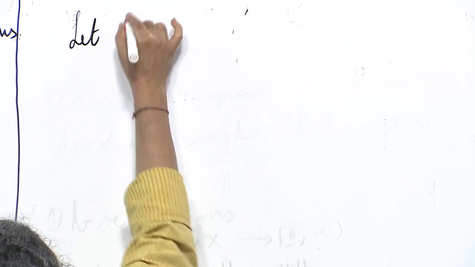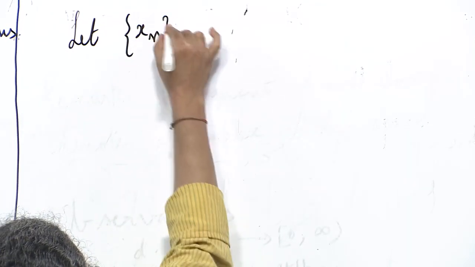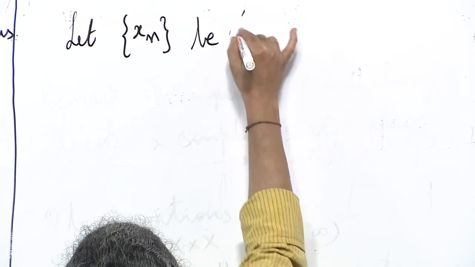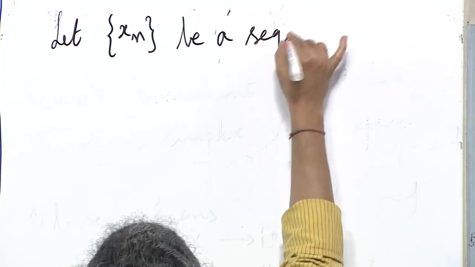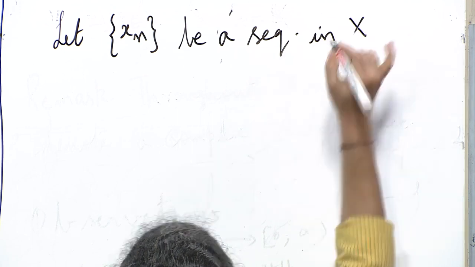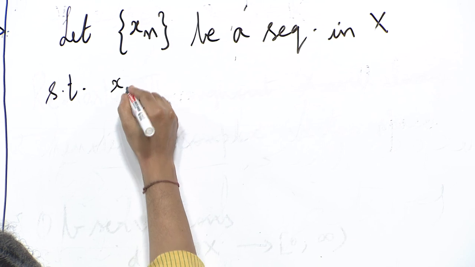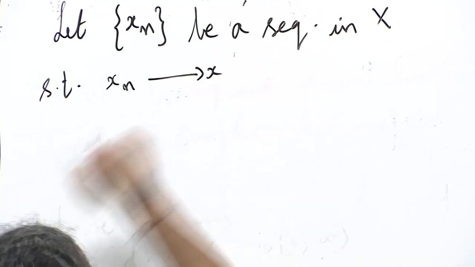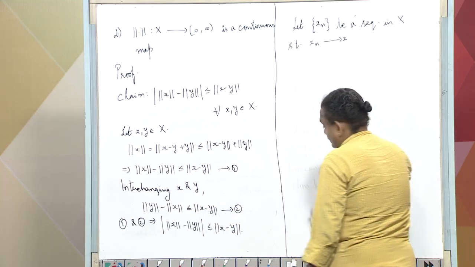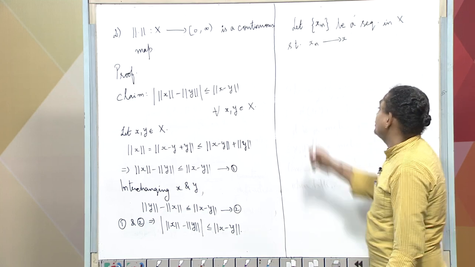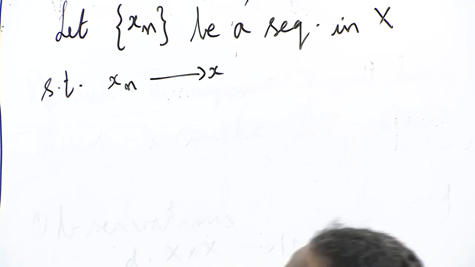Let x n be a sequence in X such that x n converges to x. Now we will have to show that norm x n converges to norm x.